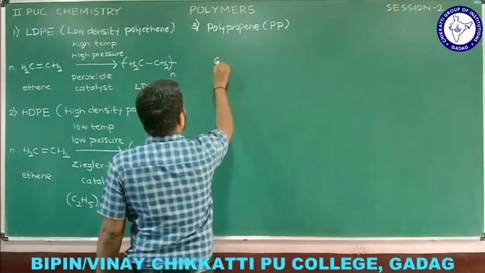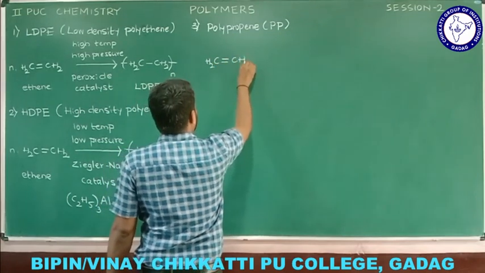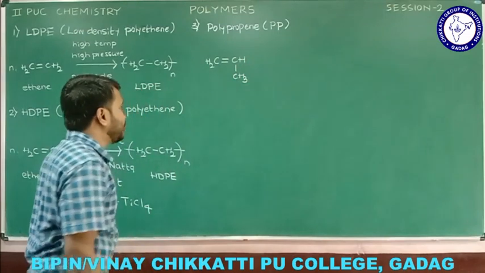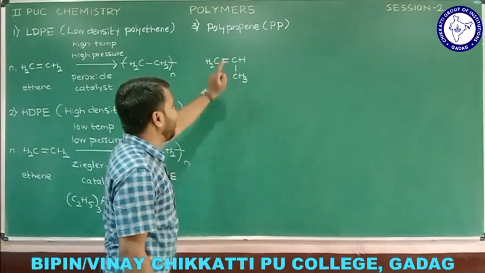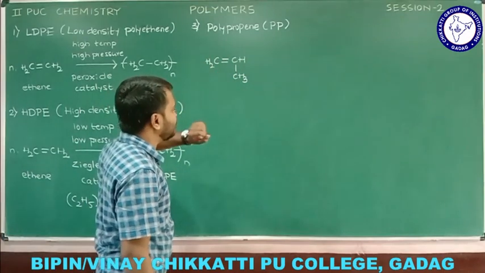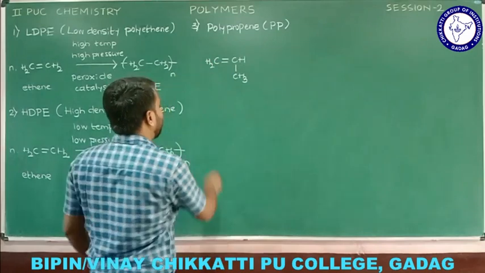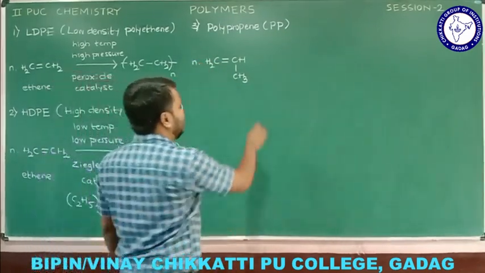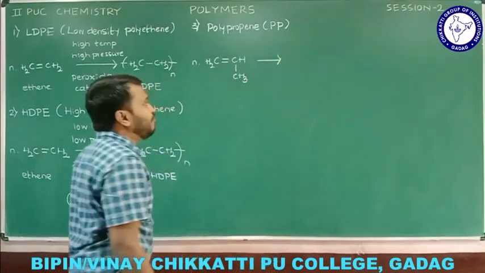Okay, so propene, CH2 double bond CH and CH3 I am going to consider. So three carbons we have, and we have one double bond in propene. CH3 I have written below, or you can write above, the same thing, and a large number of propene molecules will undergo polymerization.